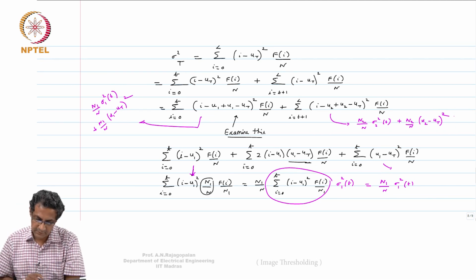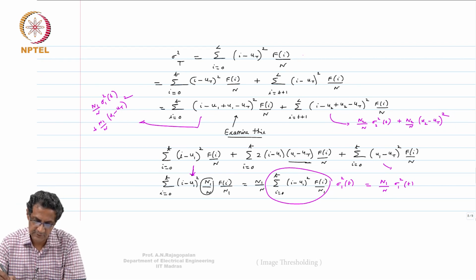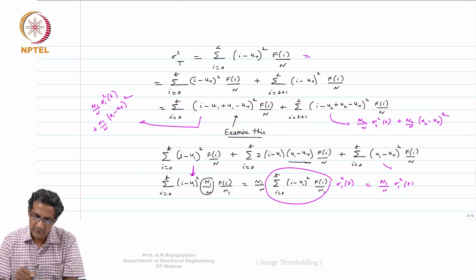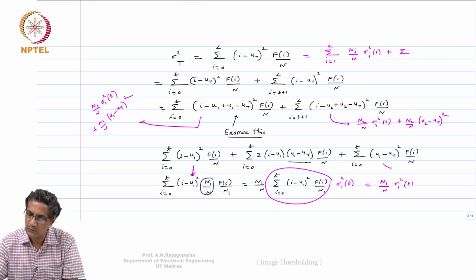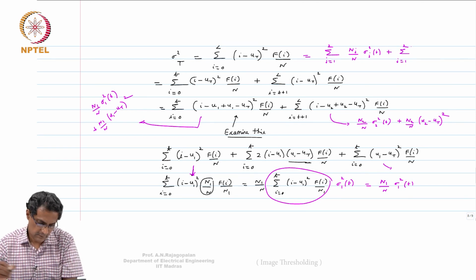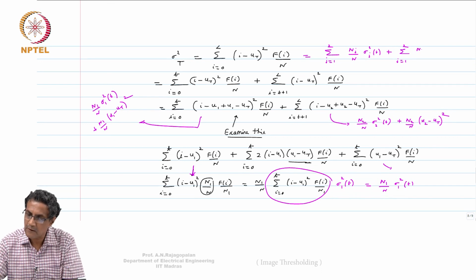And therefore, if you add up, this whole expansion will then be summation j equal to 1 to 2 of nj by n into sigma square j of t, plus summation j equal to 1 to 2 of nj by n into (mu j minus mu t) the whole square.